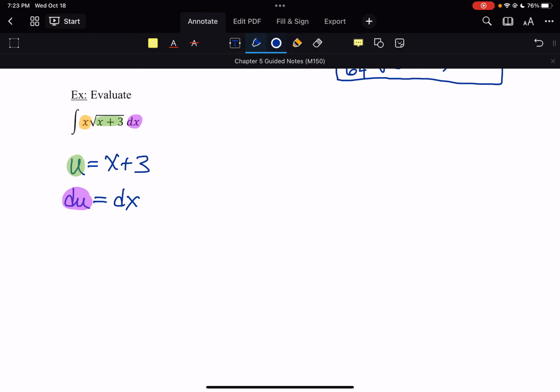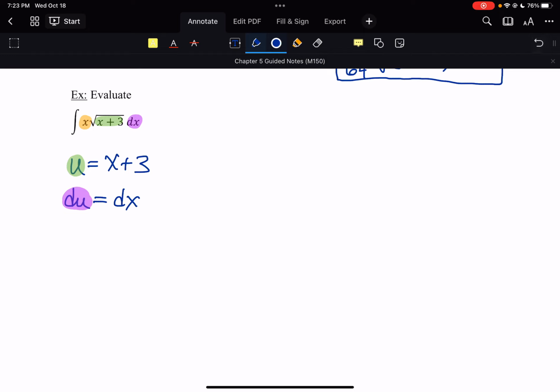We have this factor of x here in the front that is still there. And if we were going to set it up this way, this wouldn't work. You can't have u's and x's together in the same integral. So we need to figure out how to turn this into u's somehow.